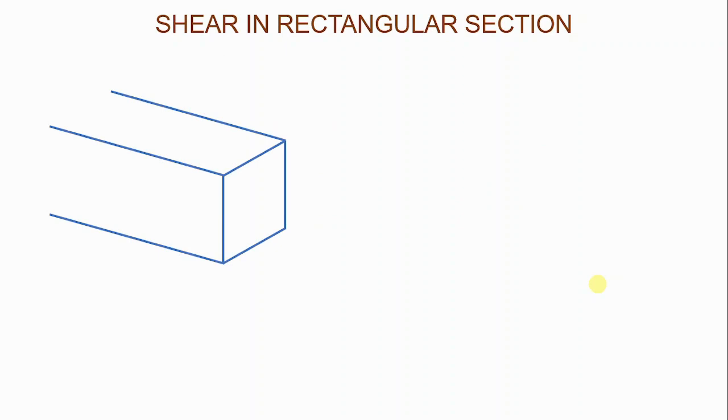First, we will study shear in rectangular sections. What you're looking at is a beam with a rectangular cross section. What I want you to understand is that this area that you see here is not the end of the beam, okay? So this is not the far right end of the beam.